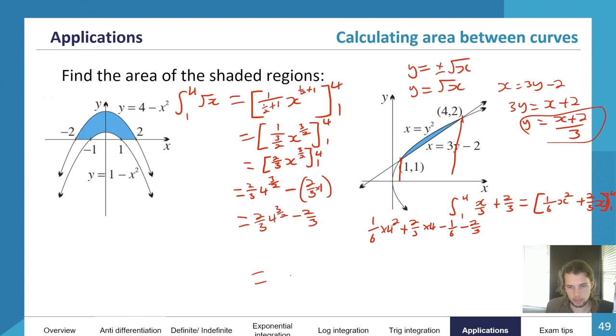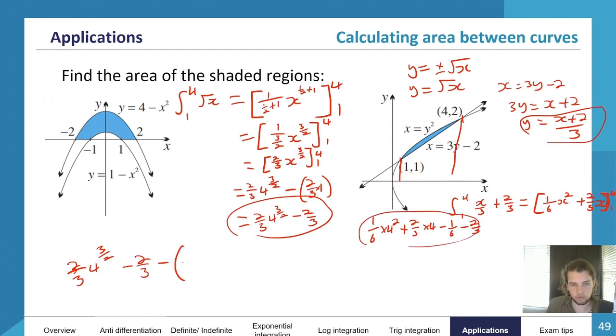Now we can throw everything together. So it becomes 2 over 3, so we're getting this top line area, 2 over 3 times 4 to the power of 3 over 2 minus 2 over 3. Then we're subtracting all of this other line that we've found, all of this other area. 1 over 6 times 16 plus 2 over 3 times 4 minus 1 over 6 minus 2 over 3.